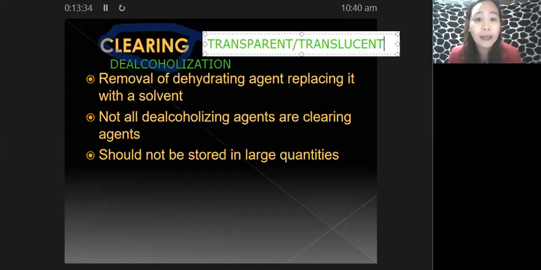Nakuha? Ayan. So, yes, that's why you have to make your tissue sample transparent or translucent in order to allow the beam of light, which is basically the principle involved in the microscopic techniques that we perform in the laboratory. Okay? Diba?